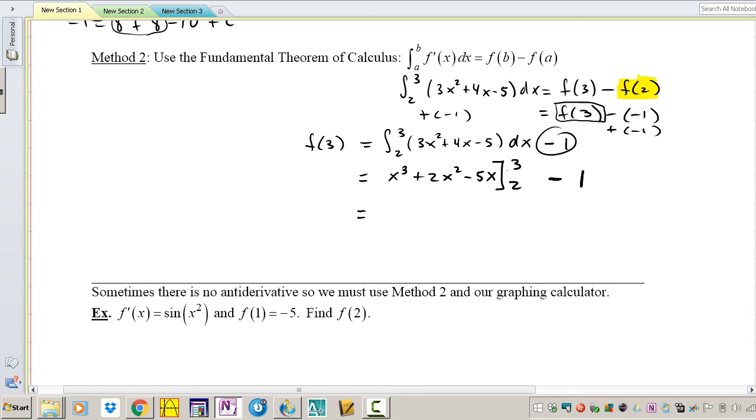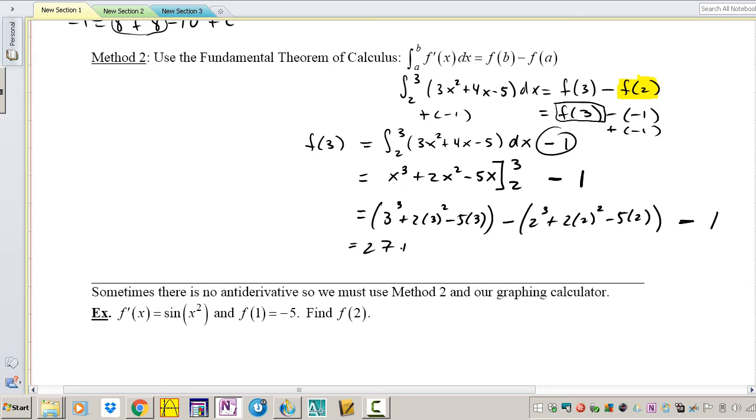So let's do so. When I plug in 3, I get 3 cubed plus 2 times 3 squared minus 5 times 3, minus 2 cubed plus 2 times 2 squared minus 5 times 2. And then minus the 1.